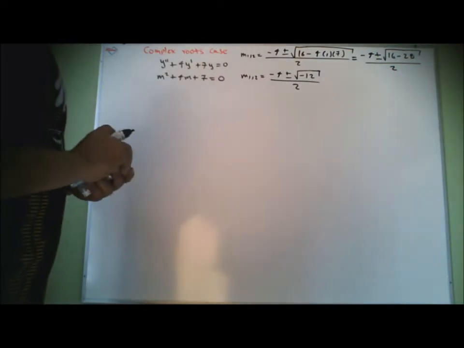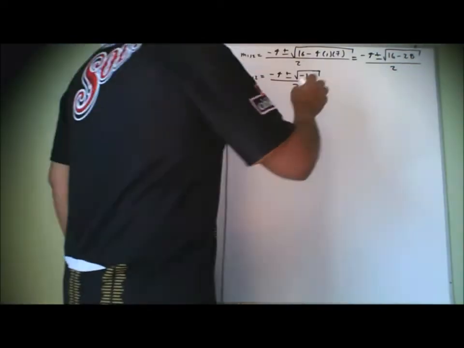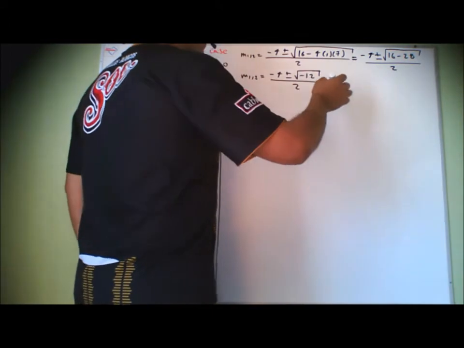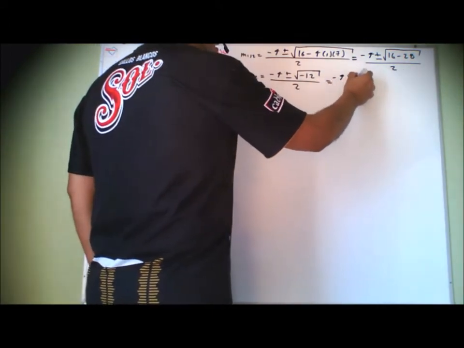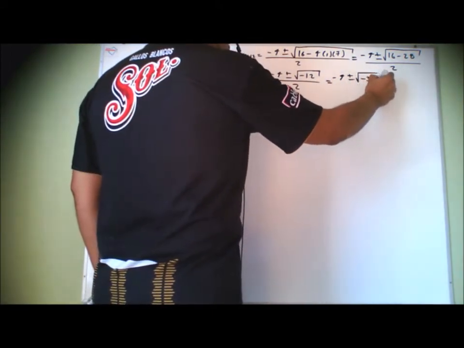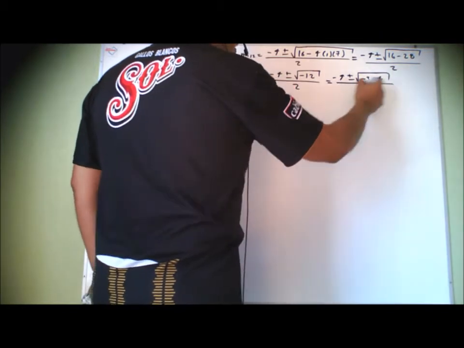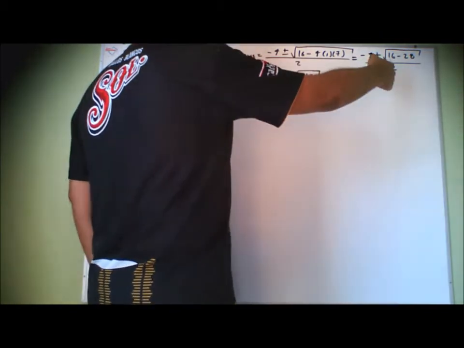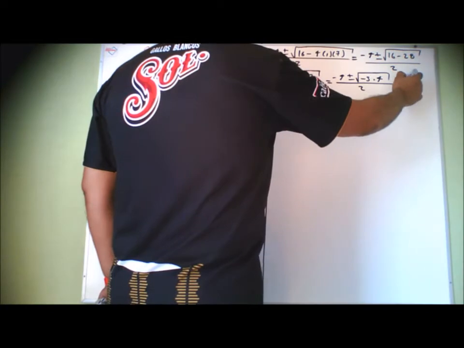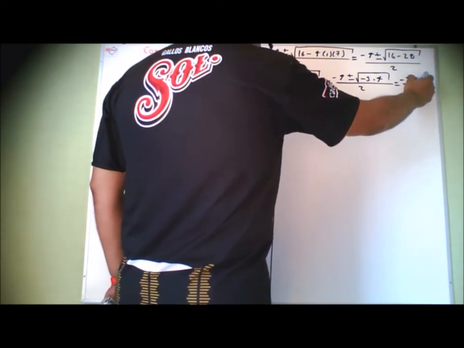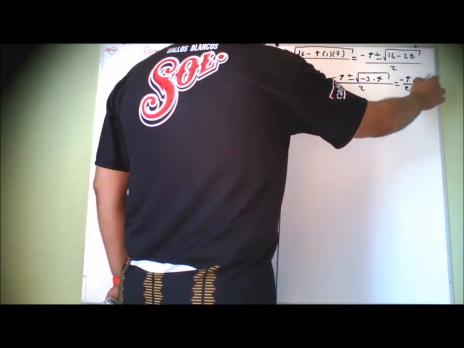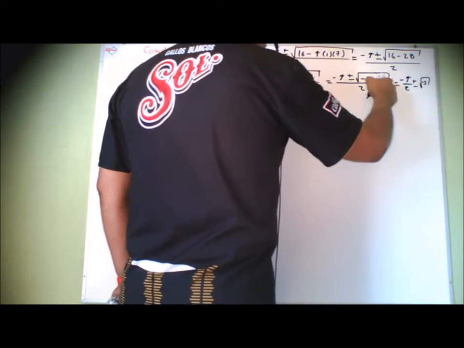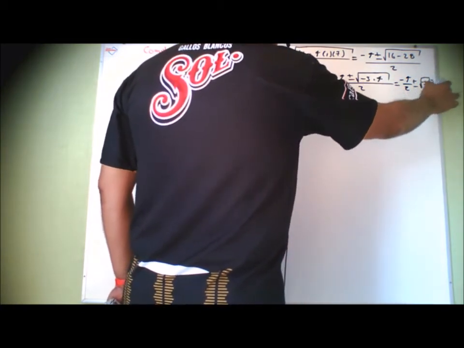All right. Okay. But let's reduce this. Multipliers of 12 are going to be minus 3 times 4. We can take the square root of 4, so that is going to be minus 4 over 2 plus minus the square root of minus 3, and the square root of 4 is equal to 2, over 2.